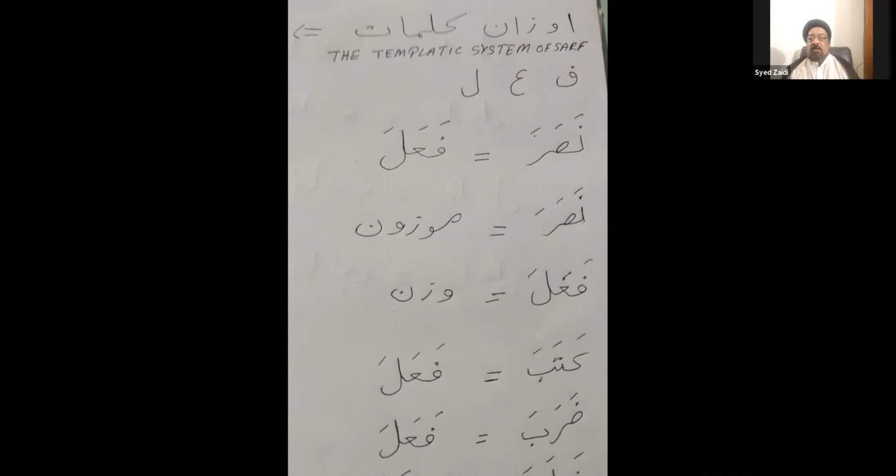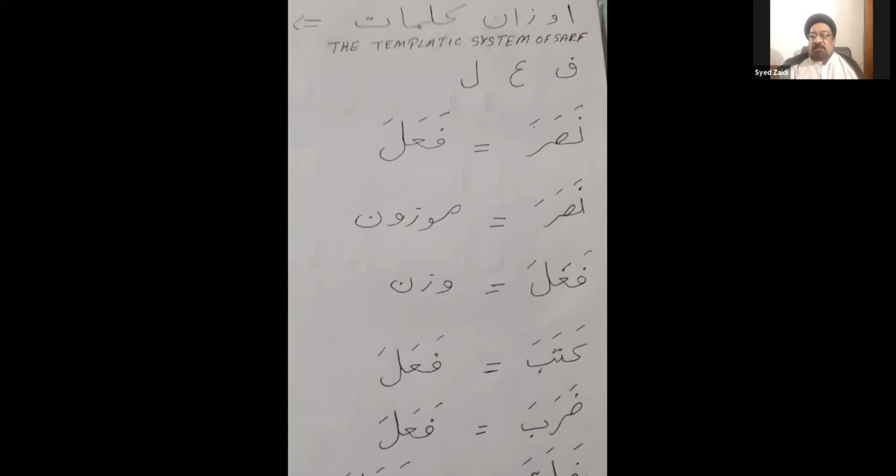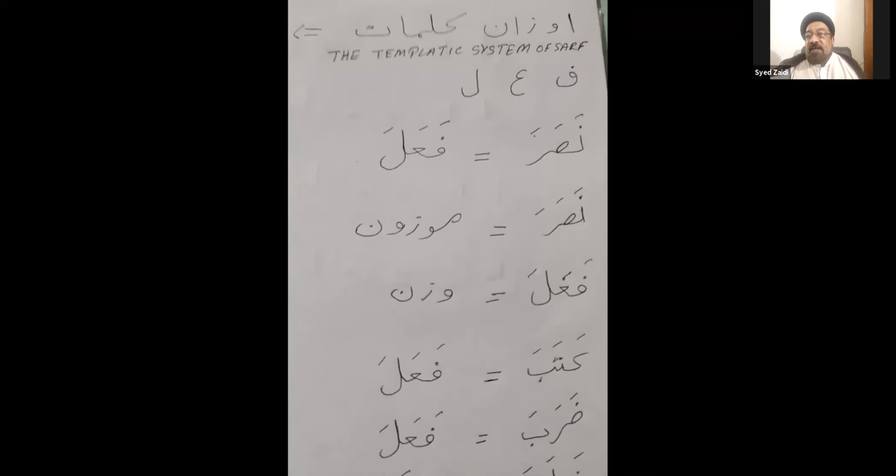Daraba, fa'ala. Now what are we doing here? As I said, if you can see it on the previous page, fa, ain, and lam, we are replacing the three letters of a word with fa, ain, and lam. I'm repeating myself to make you understand.